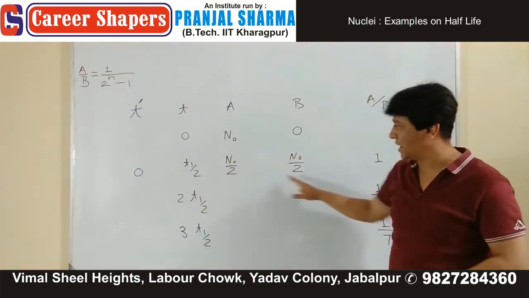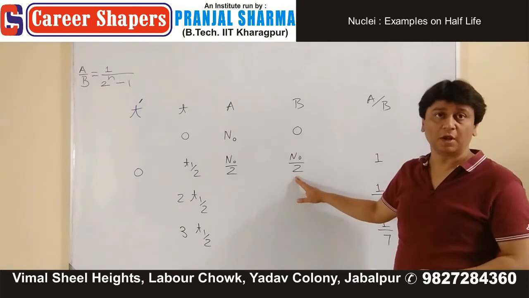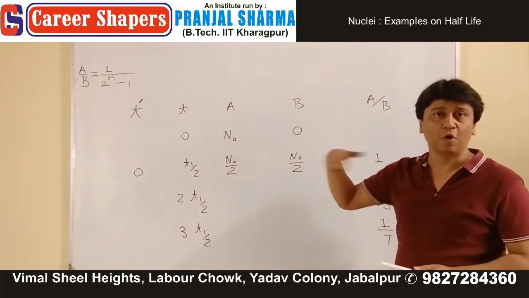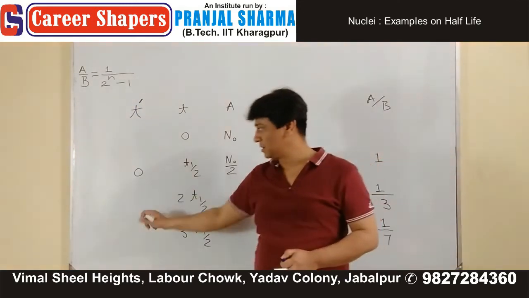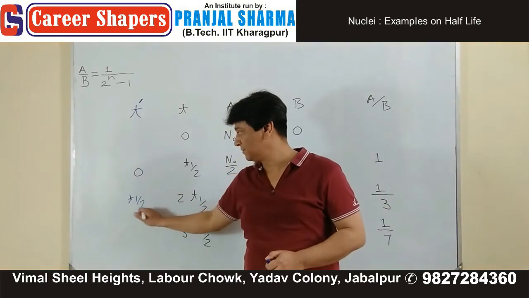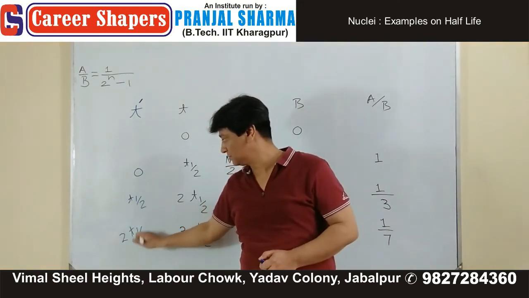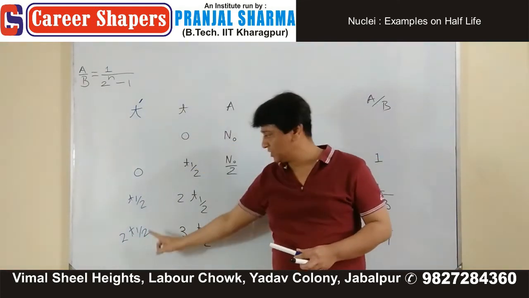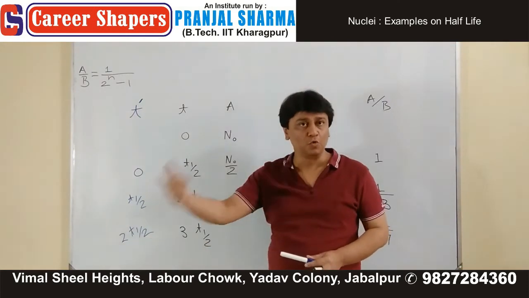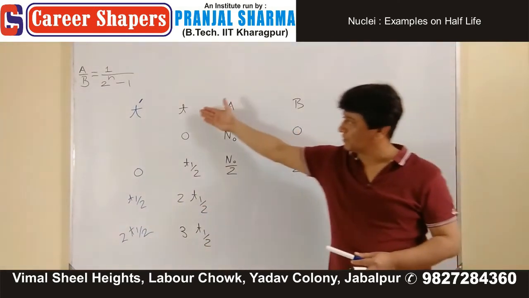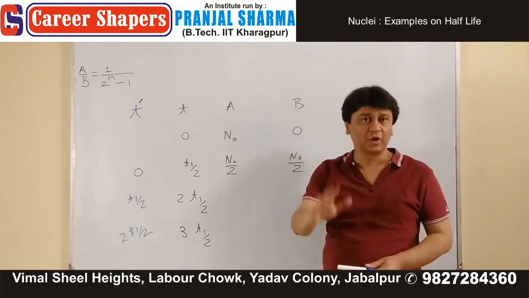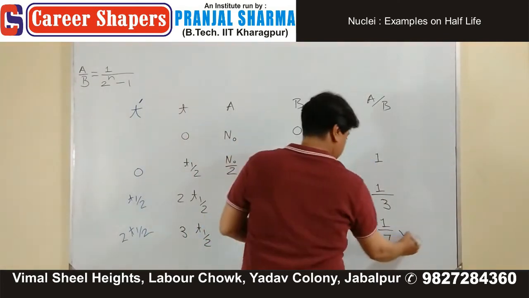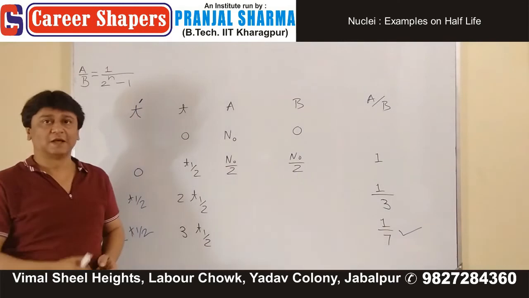You observe that A and B have equal numbers. The question says after 2 half-lives. So from this moment, this is T half, this is 2T half. So for this second observer, this moment is after 2 half-lives. For the first observer, this moment is after 3 half-lives. So what will be the answer? Answer is 1 upon 7.